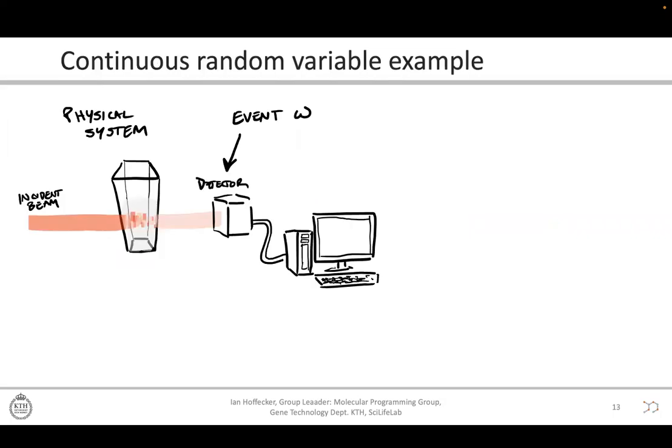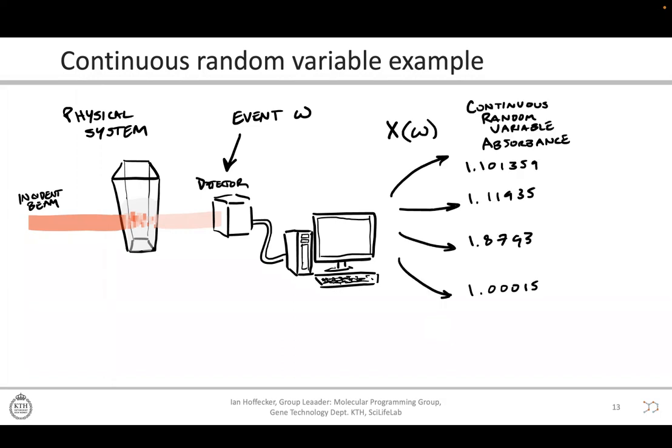And so here's maybe a more practical scientific example of a physical system. Say we have a beam passing through a liquid sample that contains some dissolved molecule, and we're passing that beam into a detector that's giving us a value. It's telling us how much of the light has been absorbed as it went through the sample.